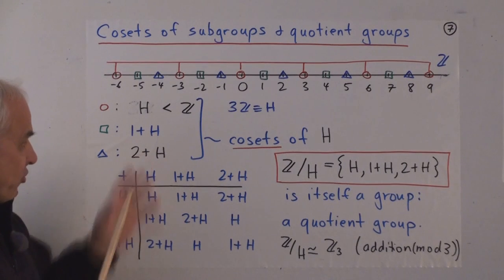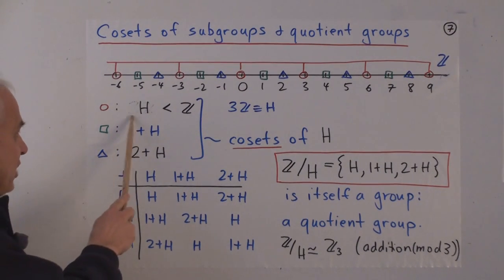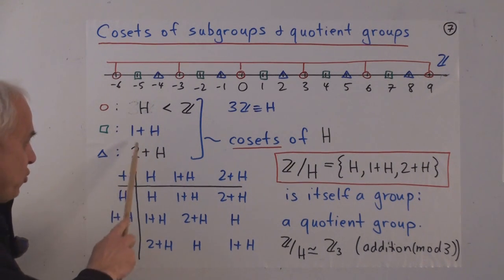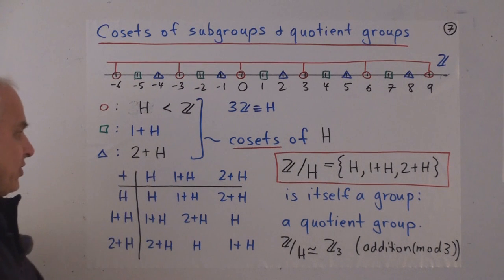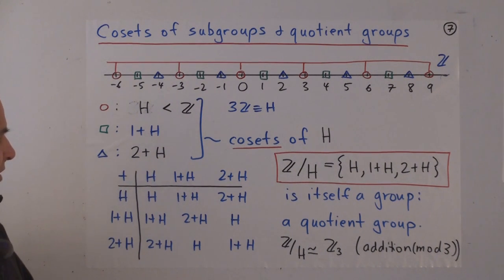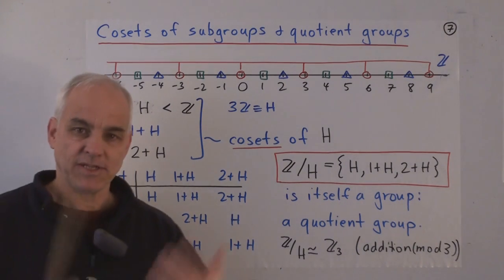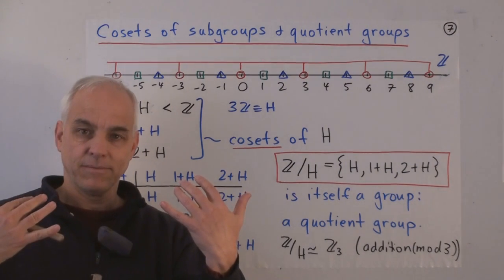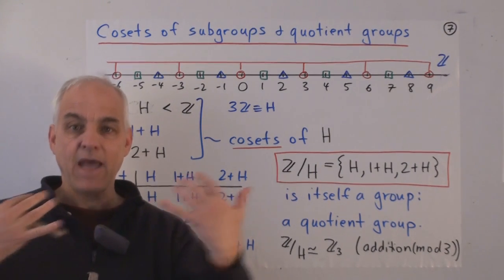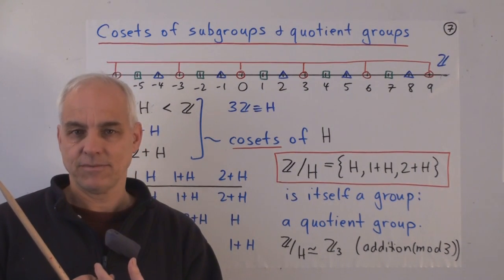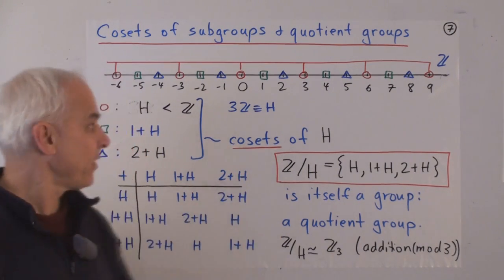And for this group, there are 3 cosets. One of them is H itself, and then there are 2 other cosets, which we might call 1 plus H and 2 plus H. So what are these? Well, 1 plus H is what you get when you just take the subgroup H and you add 1 to all of its elements, essentially translating the whole thing over by 1.